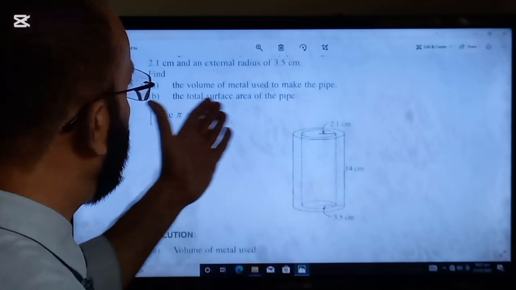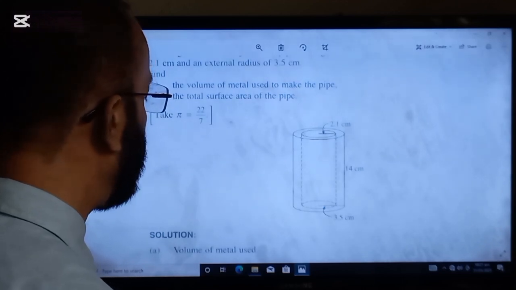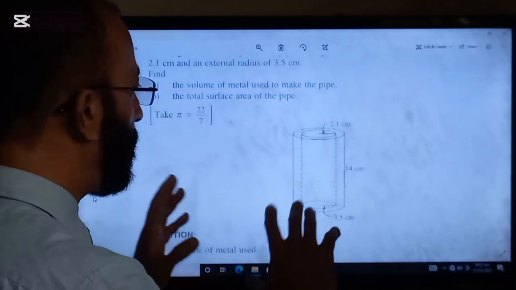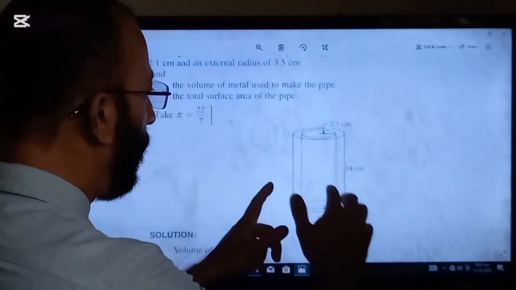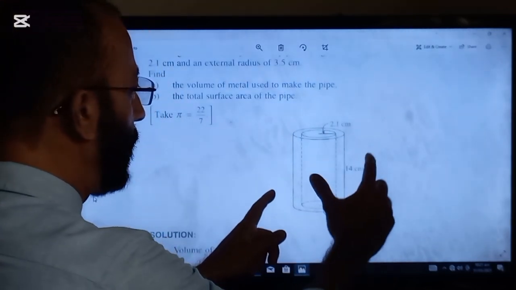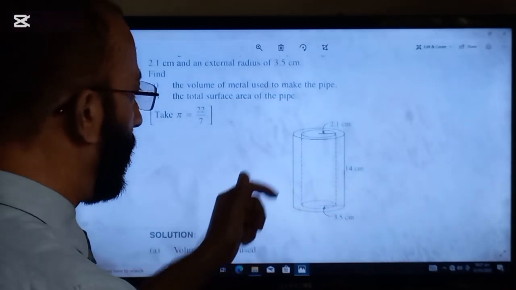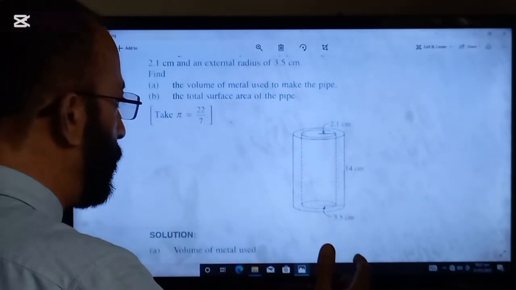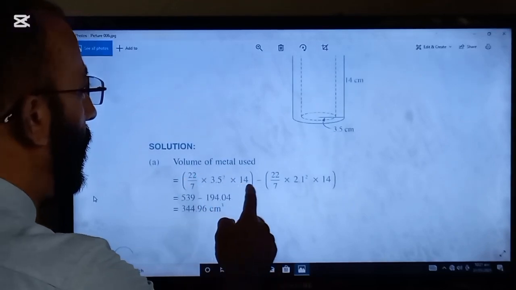Okay, the volume of the metal used to make the pipe, we can solve this by subtracting the volume of the internal from the volume of the external, and this is a cylinder. So pi r square h will be the formula for this cylinder. Look now, pi r square h.